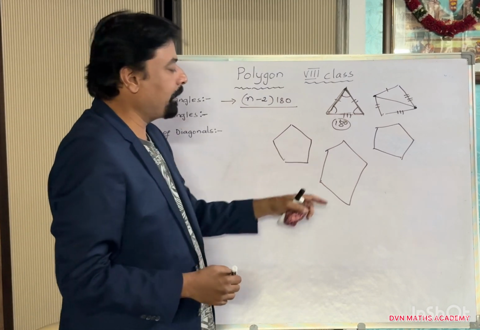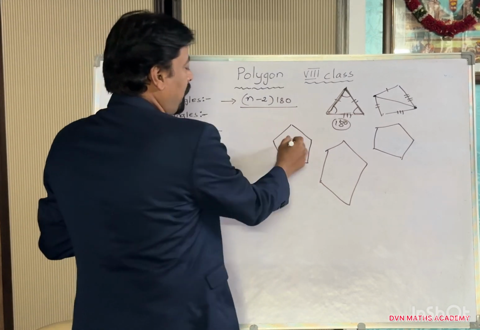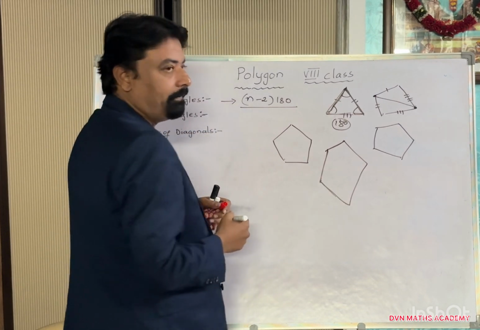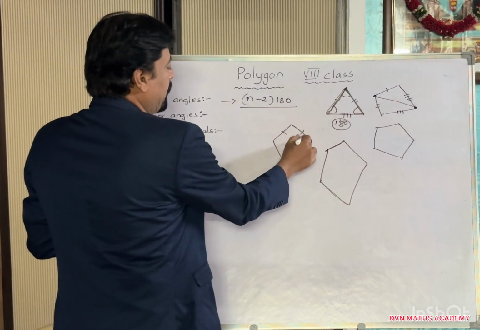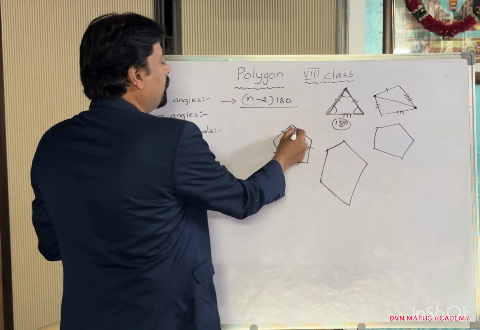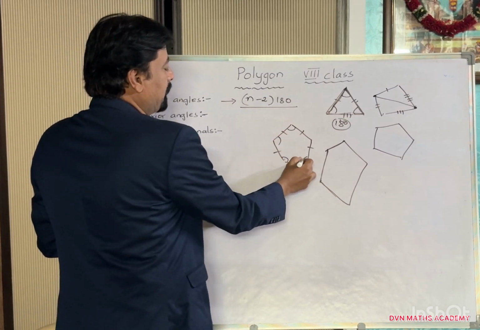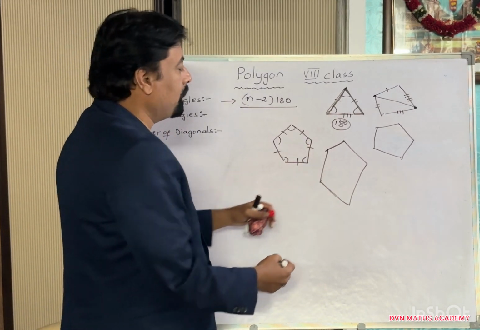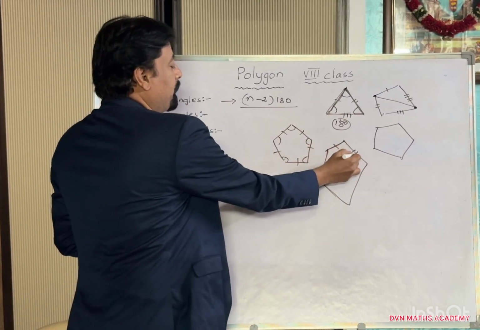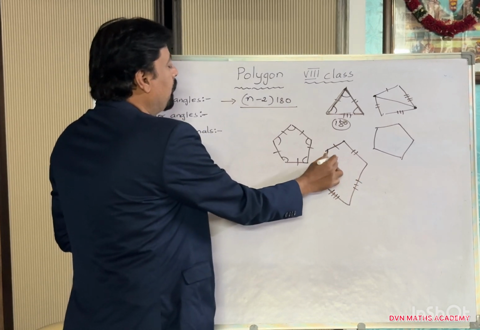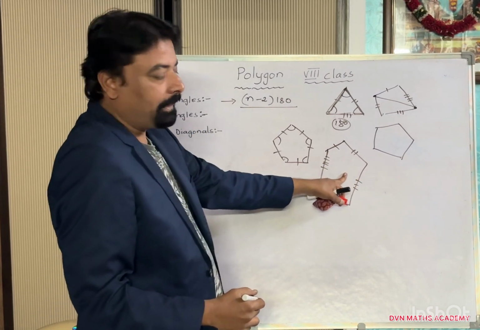These 2 are pentagons, but this we can call a regular pentagon and this is an irregular pentagon, because when all sides are equal in a polygon, each interior angle also becomes equal. But in this pentagon, all sides are not equal. It has different measurements and therefore it is not a regular polygon.